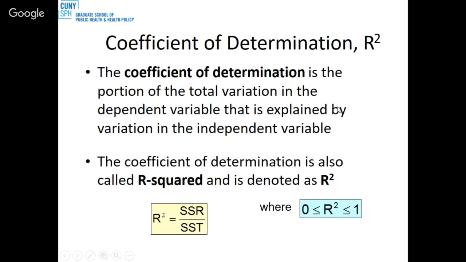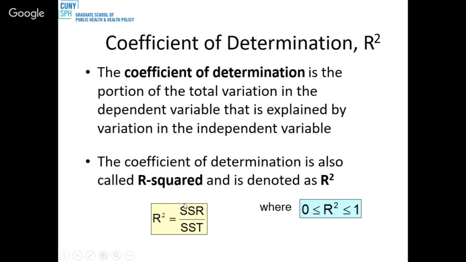And I bring this up now not because we're actually going to do analysis of variance again here, but so you won't be surprised if you see an analysis of variance in a regression framework in the future. It's the same as the analysis of variance that you already learned. But I also wanted to introduce the so-called coefficient of determination, which is the portion of the total variation in the dependent variable that is explained by the variation in the independent variable.